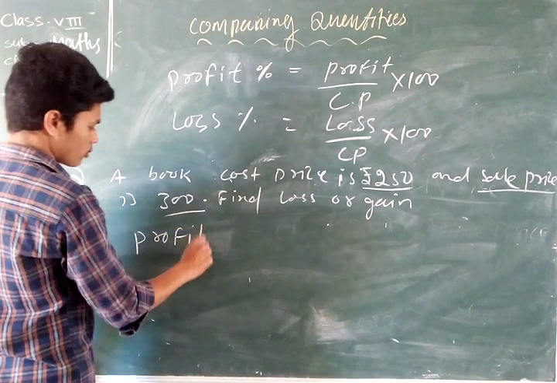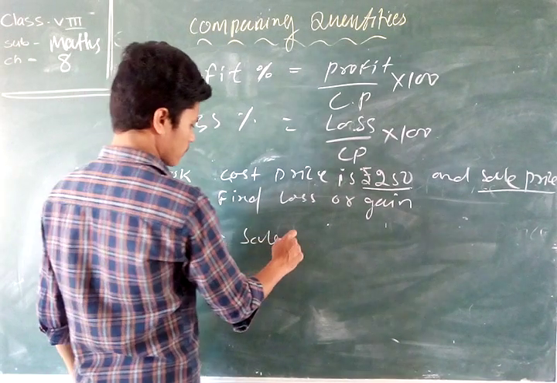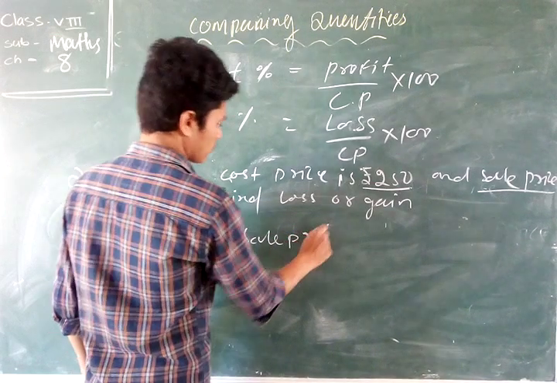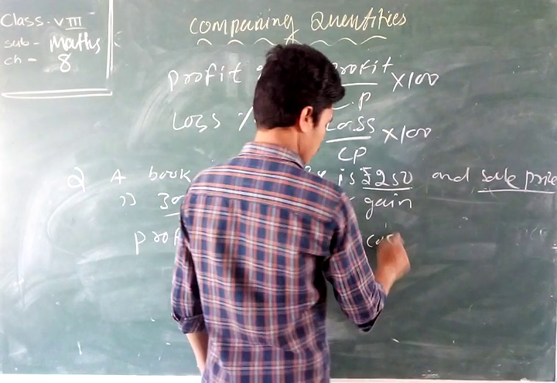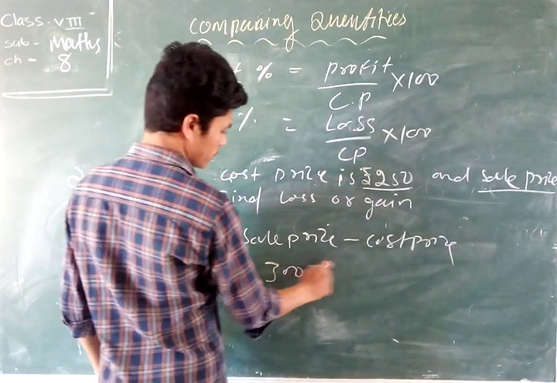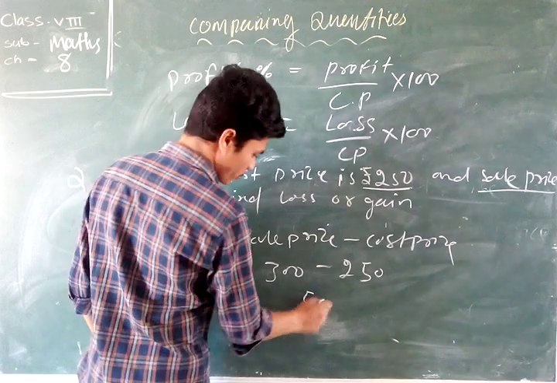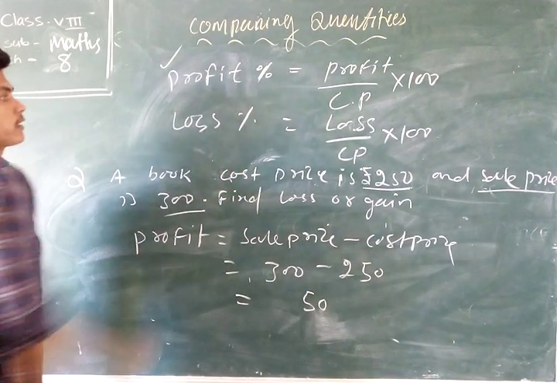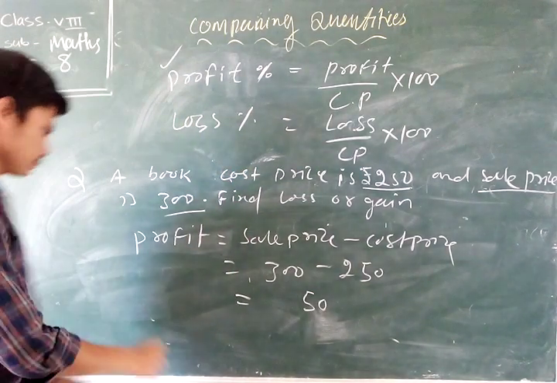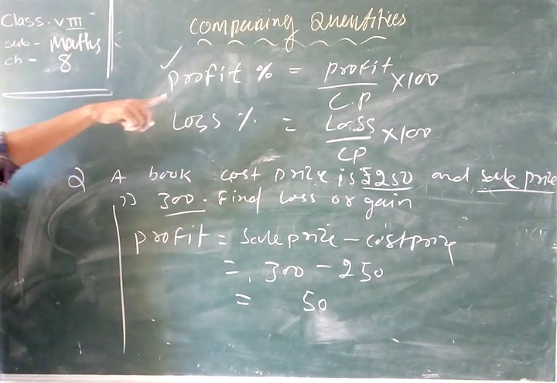Gain means profit. Profit equals sell price minus cost price. Sell price here is 300. Cost price here is 250. Equal to 50 is the profit. Then profit percentage is profit by CP into 100.